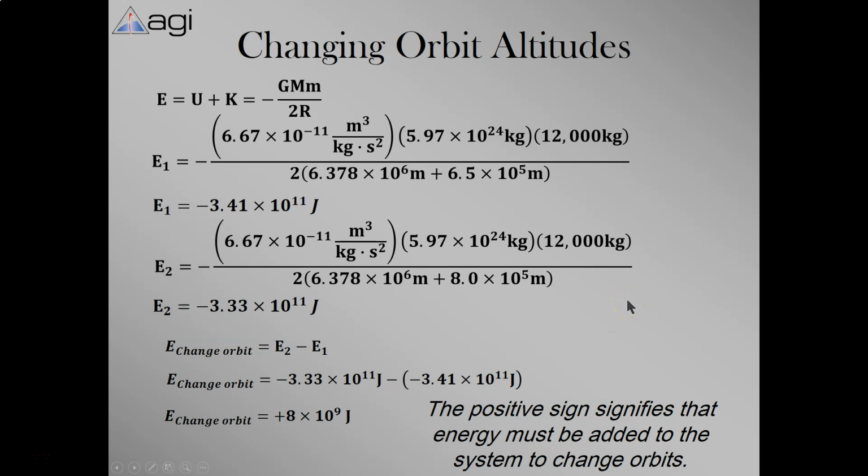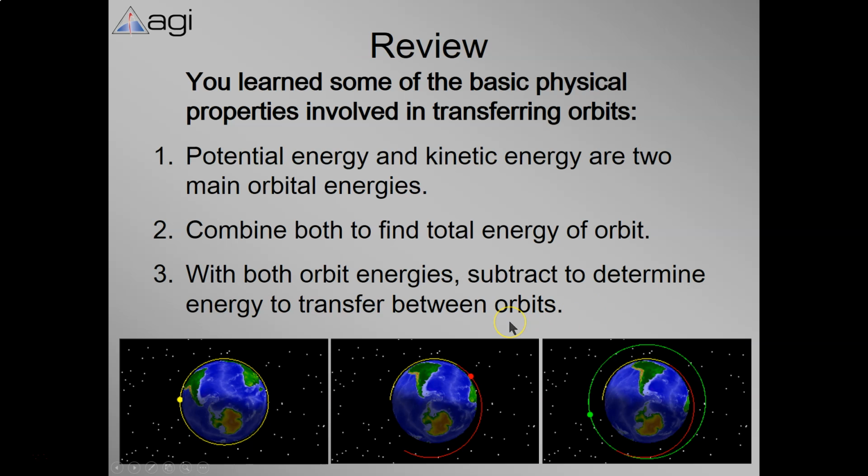Alrighty, moving along. You learned in this some of the basic physical properties that are involved in transferring orbits. 1. Potential energy and kinetic energy are 2 main orbital energies. And 2, combining both to find the total energy of the orbit is important.